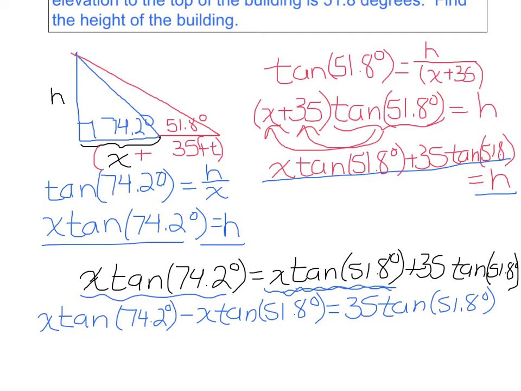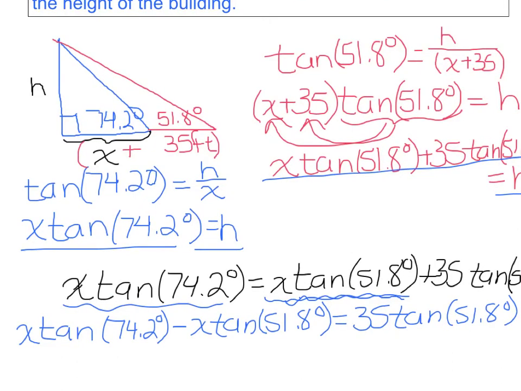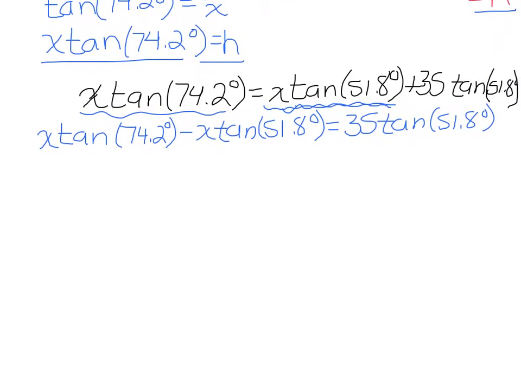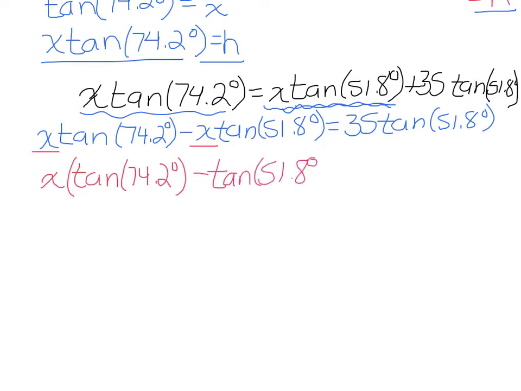And now, because I have two x's on that side of the equation, I'm going to factor out the x. So I will get x times the tangent of 74.2 degrees minus the tangent of 51.8 degrees equals 35 times the tangent of 51.8 degrees.